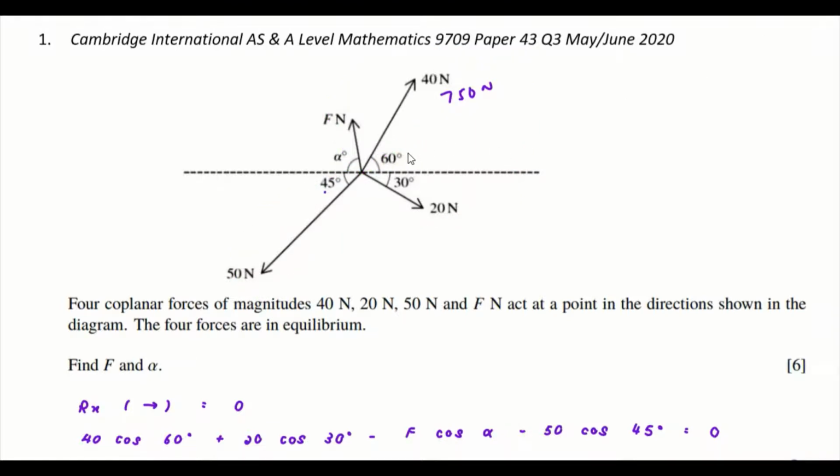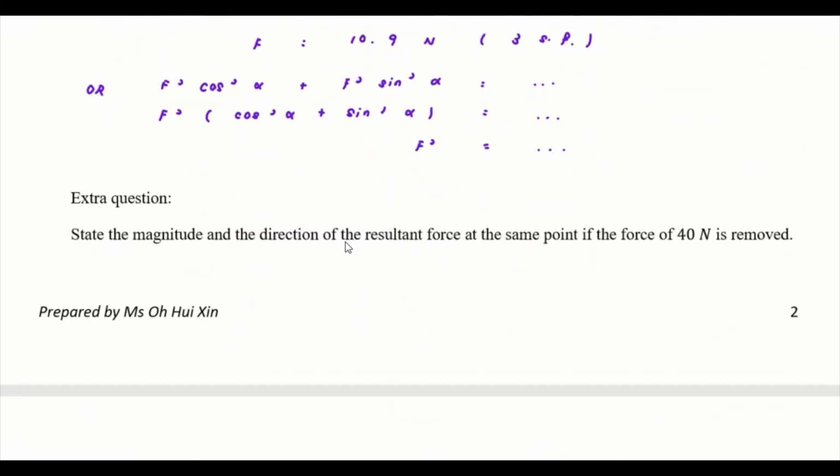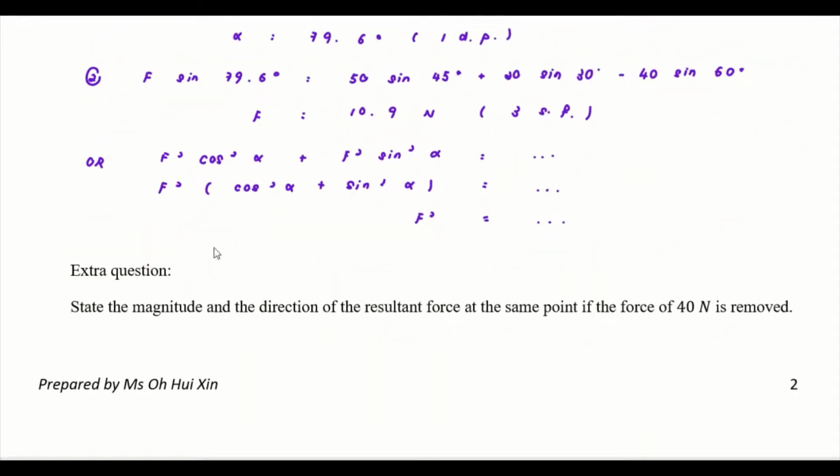So in this case, we are looking at 40 Newton being removed. Previously, in forces in equilibrium, to balance this out, the resultant force resolved by these three forces is in the direction of 60 and 40 Newton. So in this case, my answer for the magnitude will just be 40 Newton.